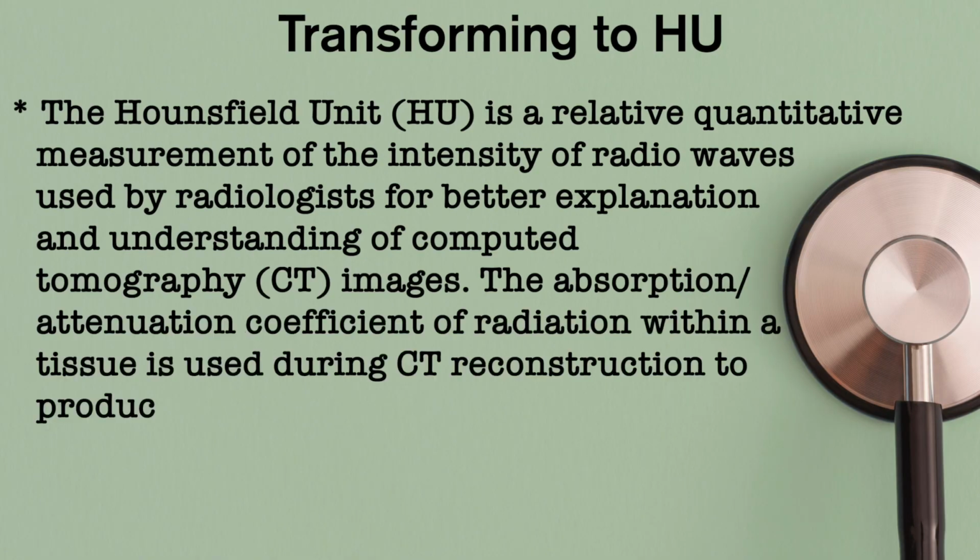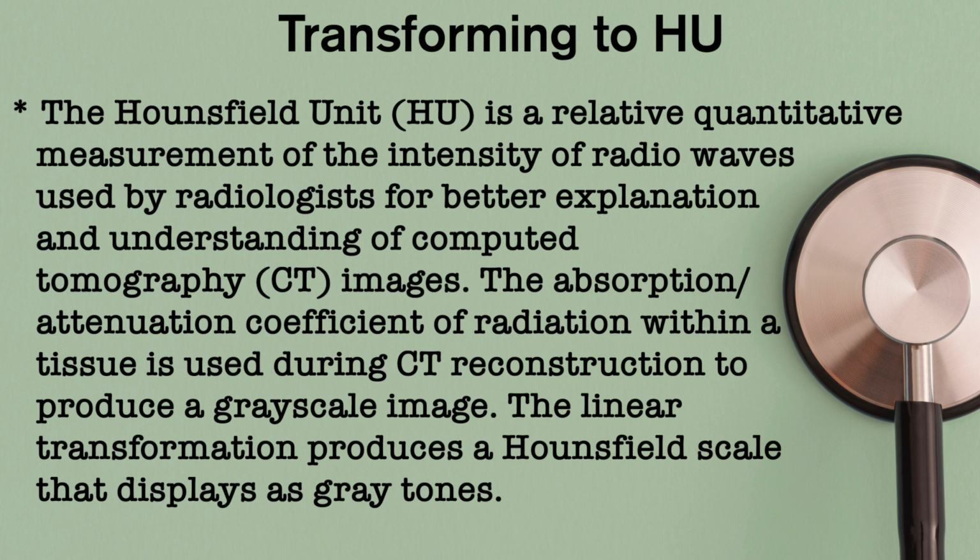The Hounsfield unit, that is HU, is a relative quantitative measurement of the intensity of radio waves used by radiologists for better explanation to understand computed tomography images, that is CT images. The attenuation coefficient, the absorption of radiation within a tissue, is used during the CT reconstruction to produce grayscale images.